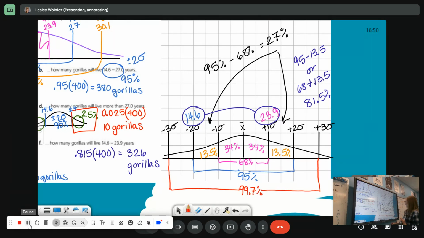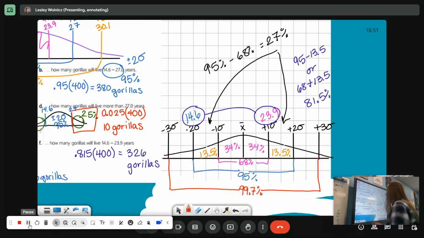If I subtract the 95 from the 99.7, which I believe we have already done, maybe we haven't done it, I'm getting 4.7%.